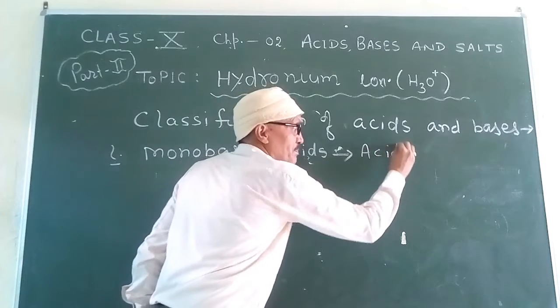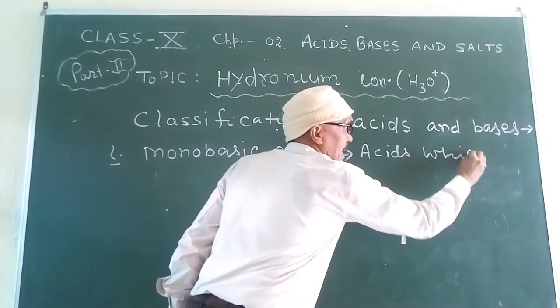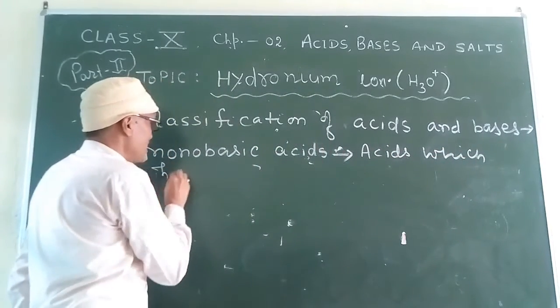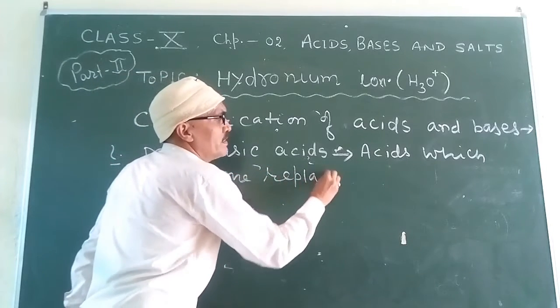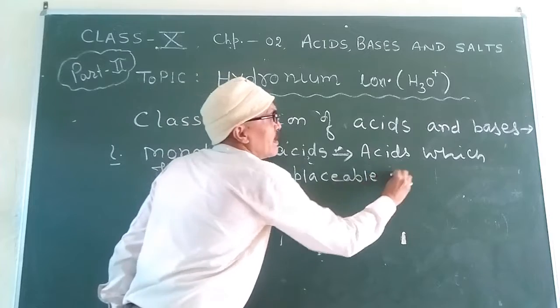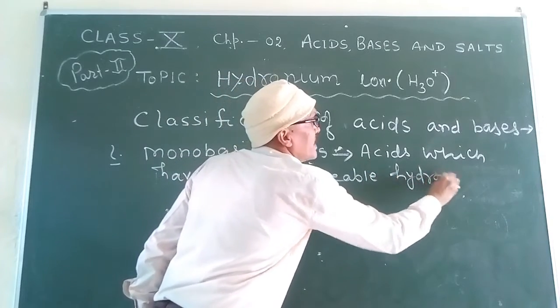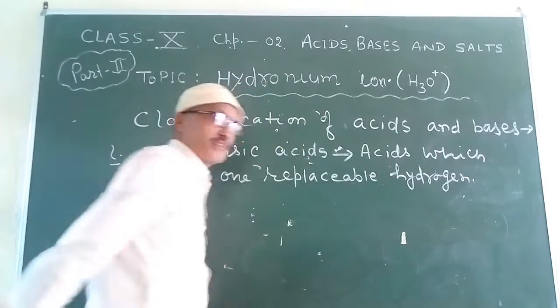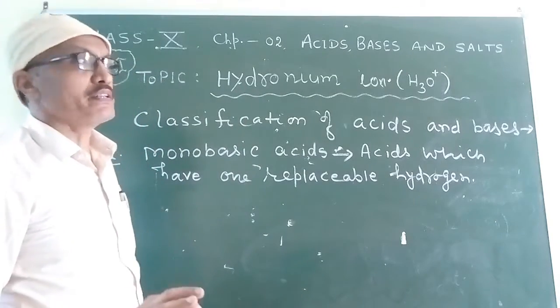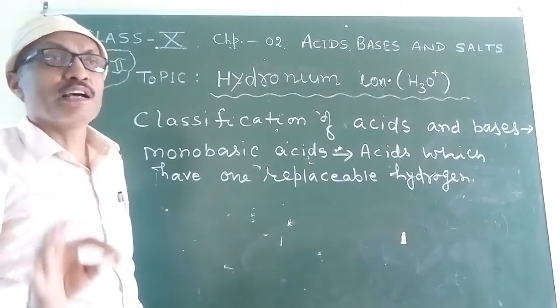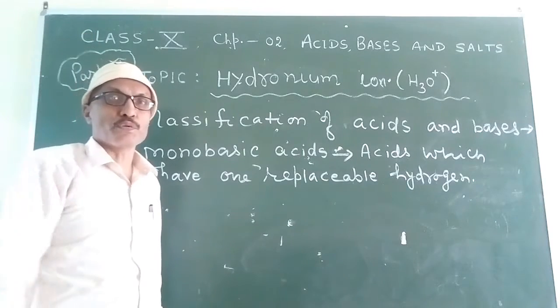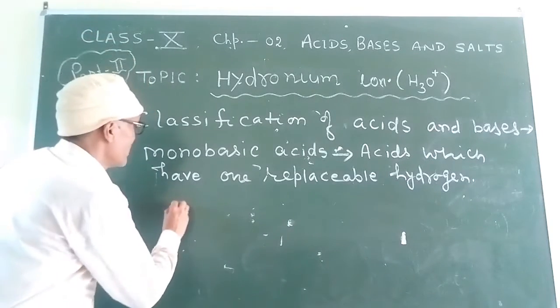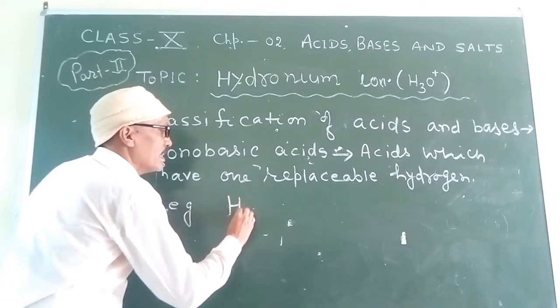So students, here monobasic acid, what does it mean? Acids which have one replaceable hydrogen. So you keep in mind monobasic acids are those acids which have one replaceable hydrogen. For example, HCl.